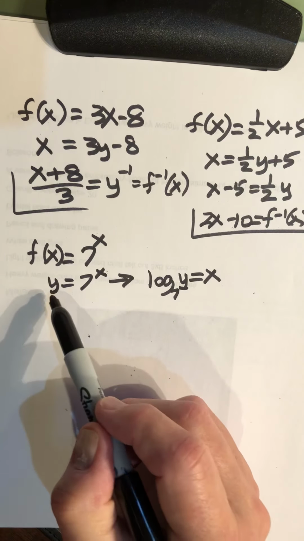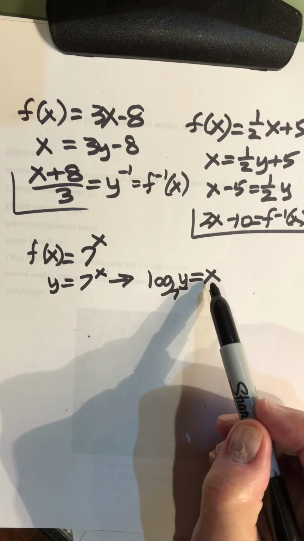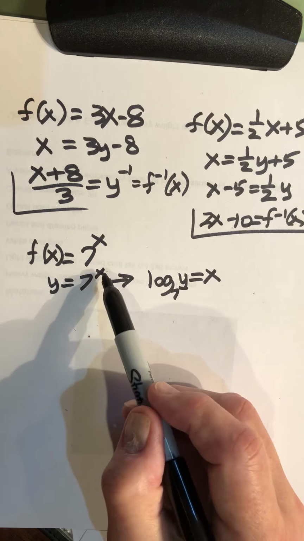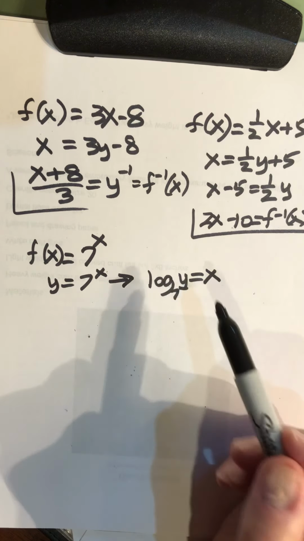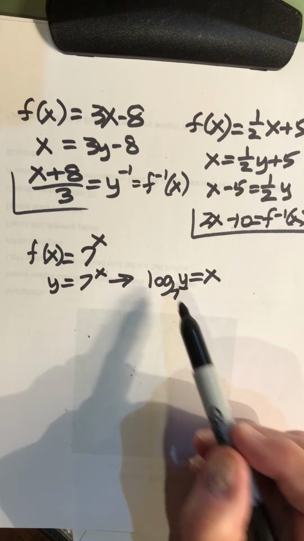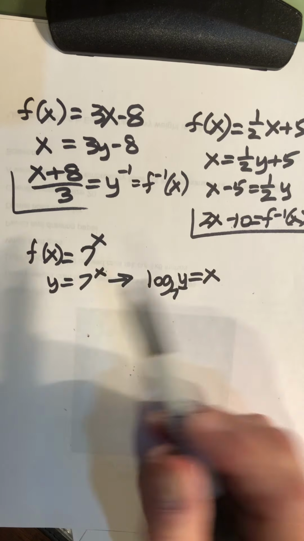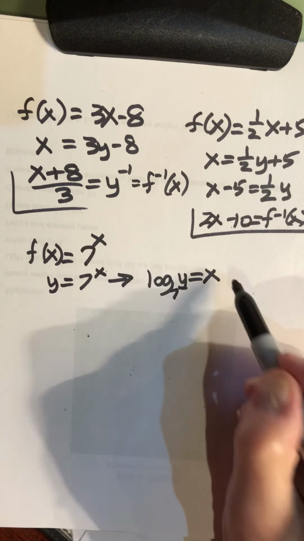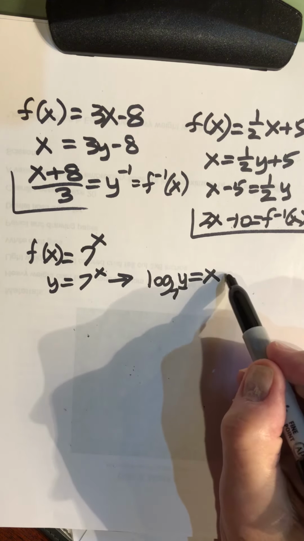I simply converted this exponential statement to a log statement, recognizing that logs are exponents. So the exponent in the exponential is the x, so log equals x. The base of the exponent was 7, that's the base of the log. And then the argument is this y over here. But that's just the conversion. Now to get the inverse, I switch the x and y.